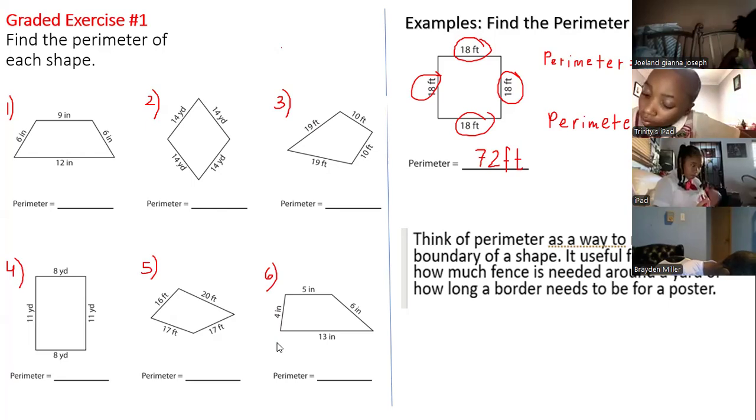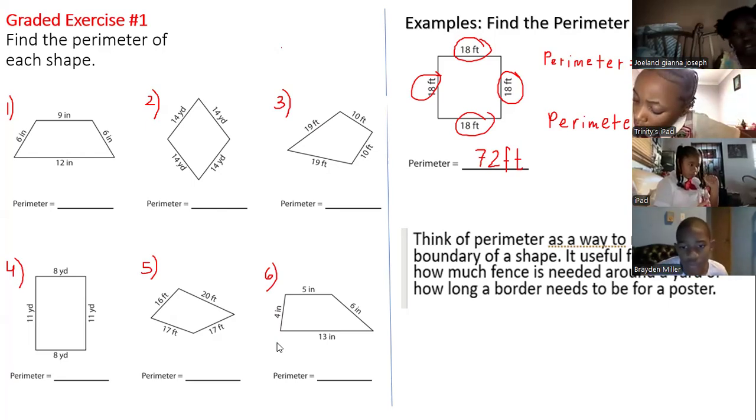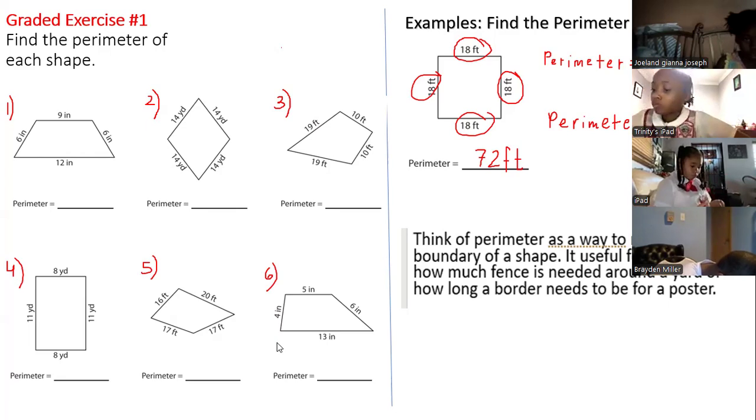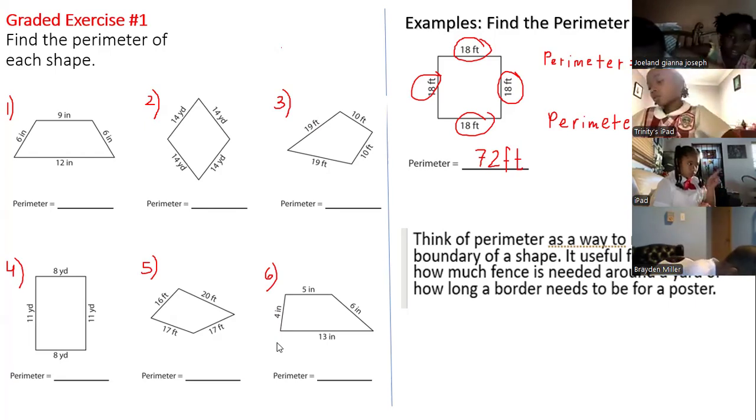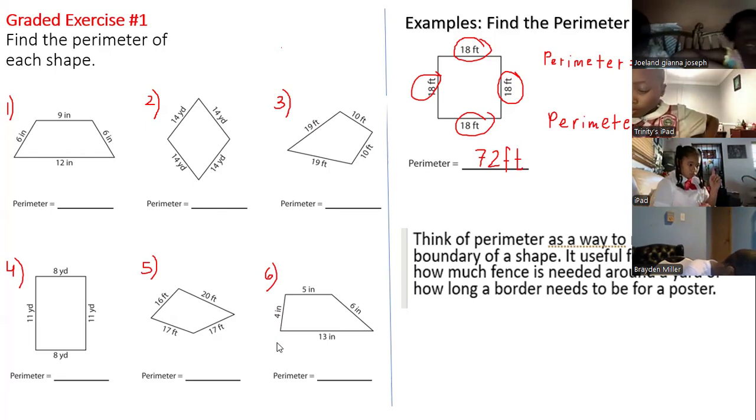Maya, how did you get 20 for example 2? Well, how did you get 20 for example 2?